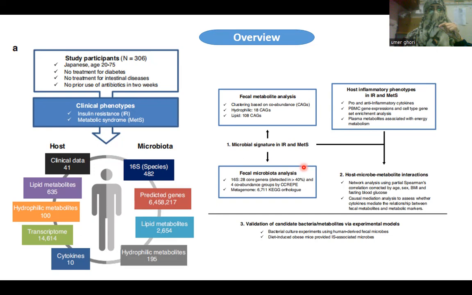To gain insight into the host-microbe relationship, the association among fecal metabolites, microbes, and host plasma metabolites, cytokines, and peripheral blood mononuclear cells genes were analyzed. The mediation effects of plasma cytokines on the relationship between fecal metabolites and metabolic markers were also assessed. For the validation of candidate bacteria and metabolites, bacterial culture and animal experiments were performed.